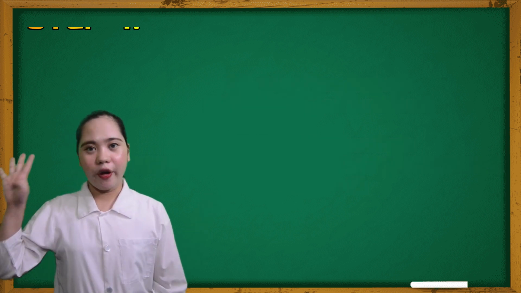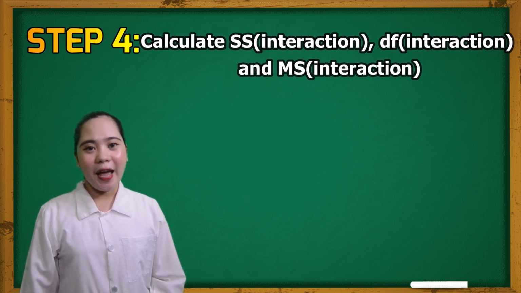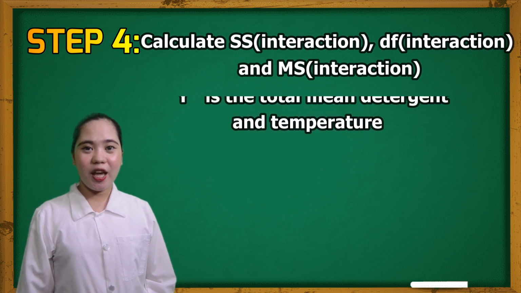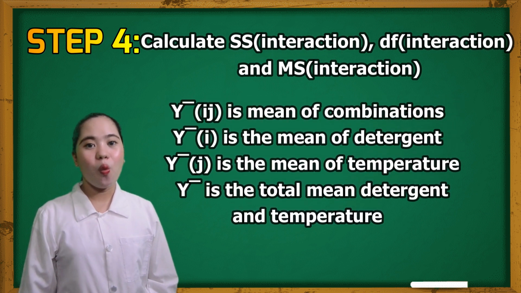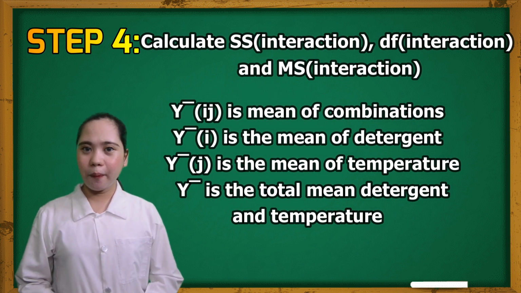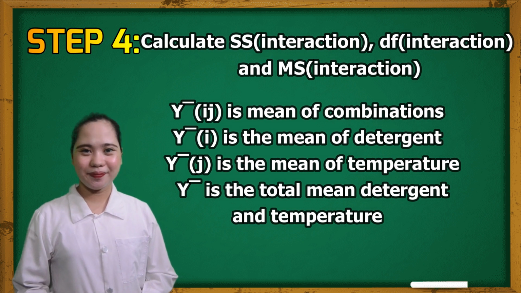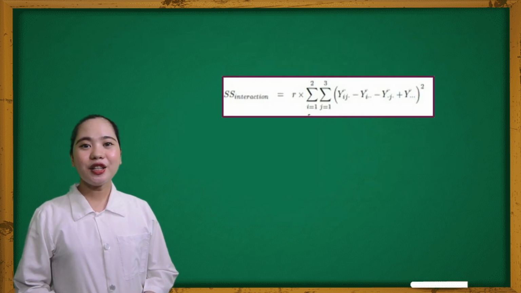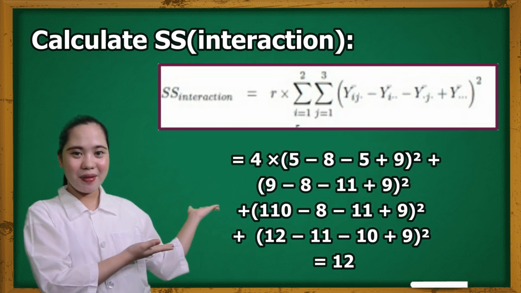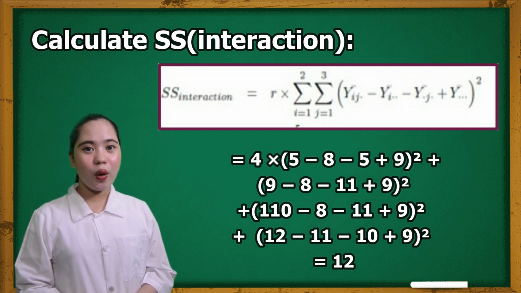Step number 4. Calculate SS interaction, DF interaction, and MS interaction. Y sub ij is the mean of combinations. Y sub i is the mean of detergent. Y sub j is the mean of temperature. Y is the total mean of detergent and temperature. Calculate SS interaction using this formula, and the answer is 12.